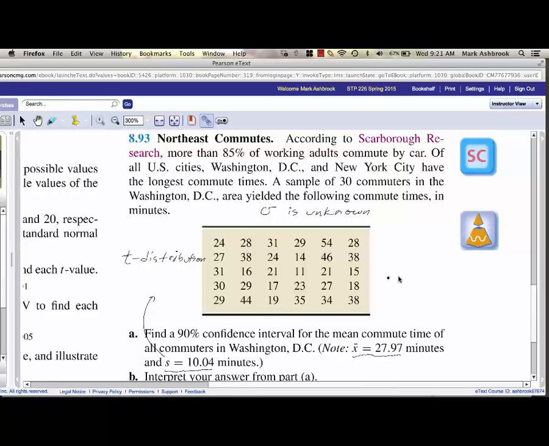Okay, but the overall idea is the same as what we were doing before. We have our point estimate for the population mean, which we're using as the sample mean.